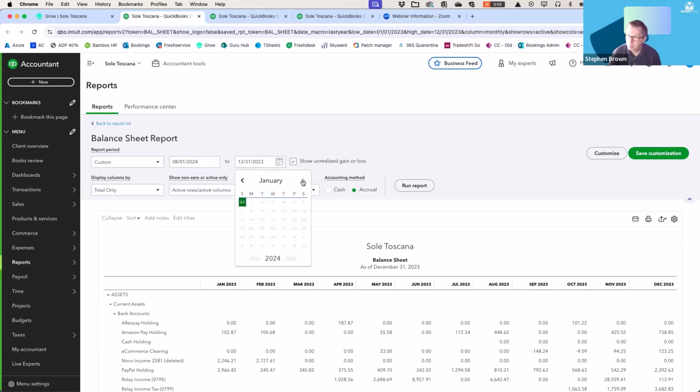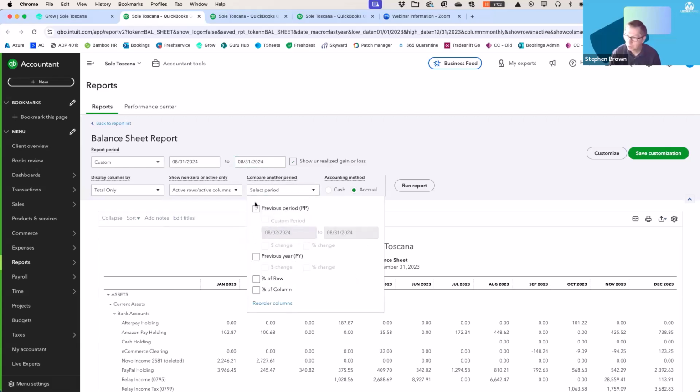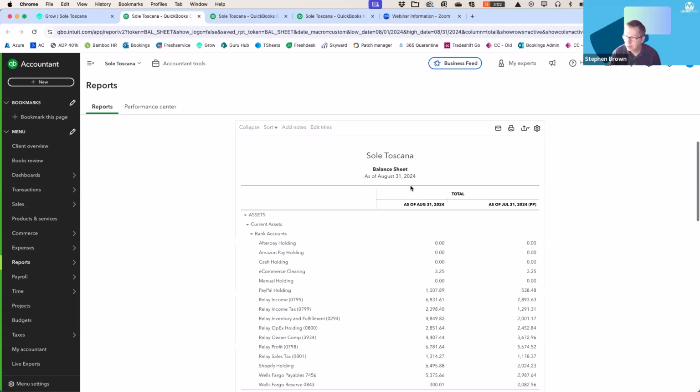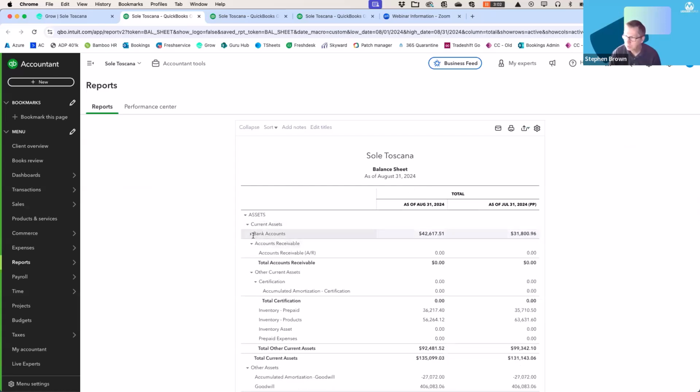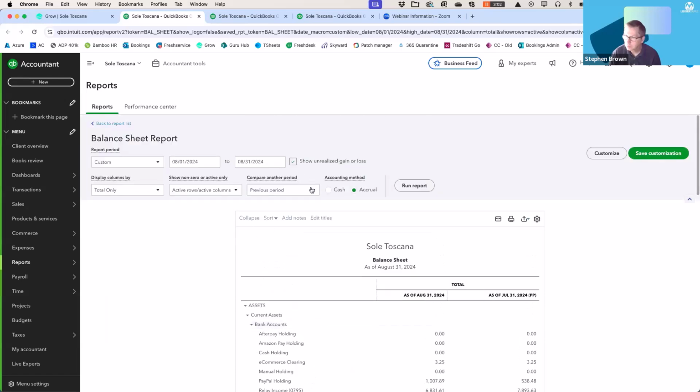But what happened in my balance sheet? So if I were to look at my balance sheet, let's just do a month over month. And what we're going to do is previous period, because I just want to compare that. So I say I made $2,100. Actually, let me do one more thing.